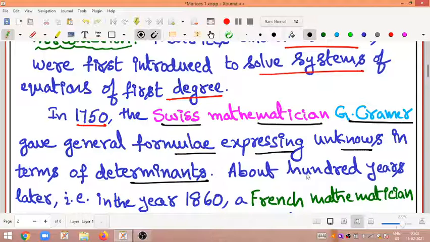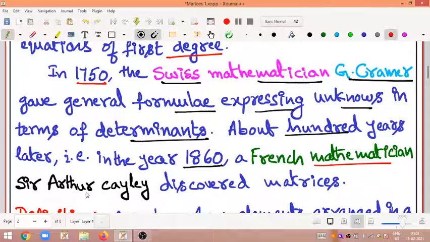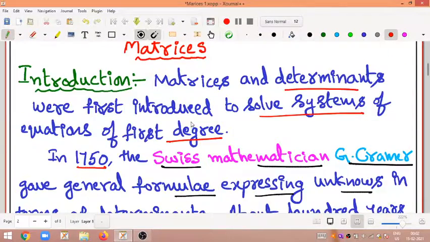After that, about 100 years later, in 1860, a French mathematician Sir Arthur Cayley discovered these matrices. This is a brief introduction of the matrices.